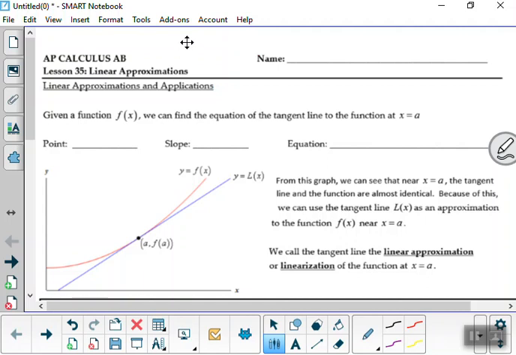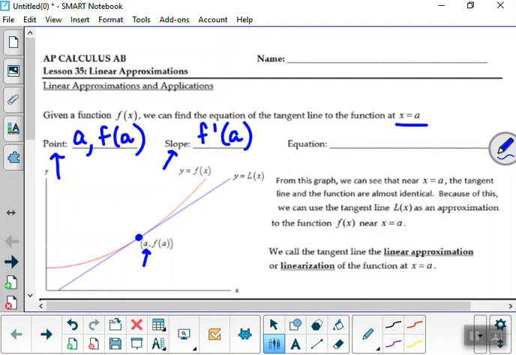We know we need a point and a slope in order to write a tangent line. So if we're using x equals a, then the point would be a and whatever f of a is. The slope, this is the calculus part of it, is equal to the derivative of the function at that a value.